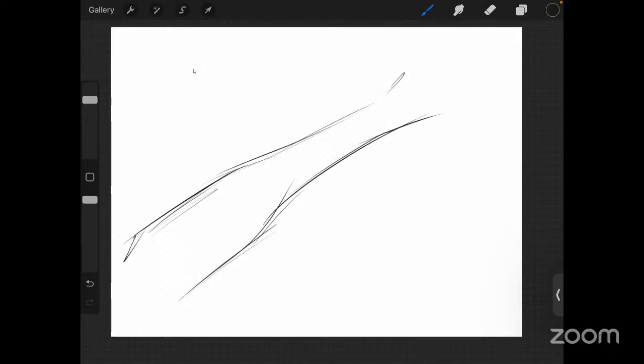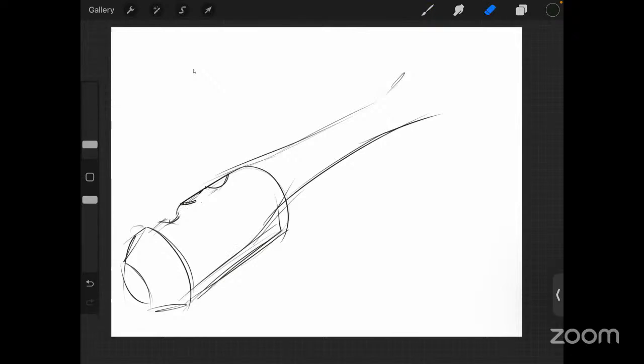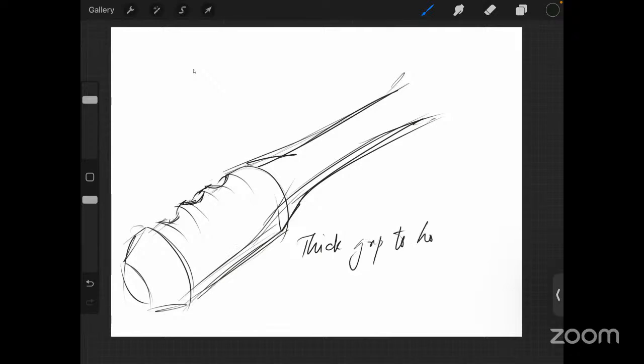So I'm giving a very thick grip to hold firmly.